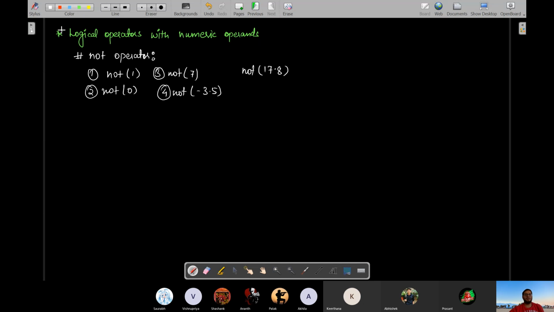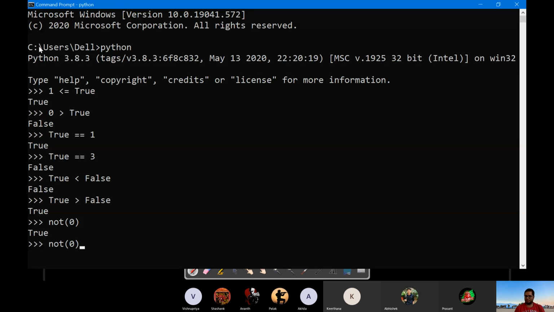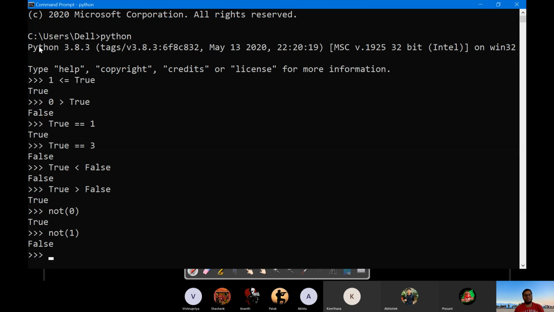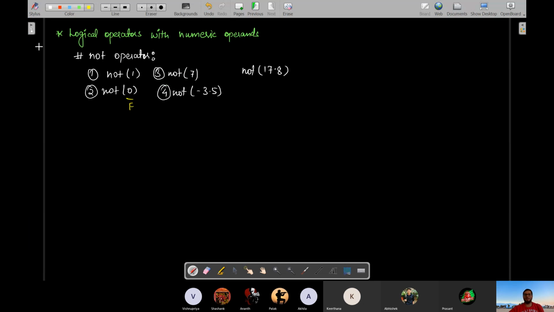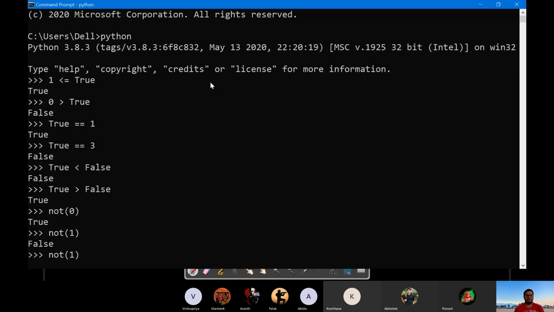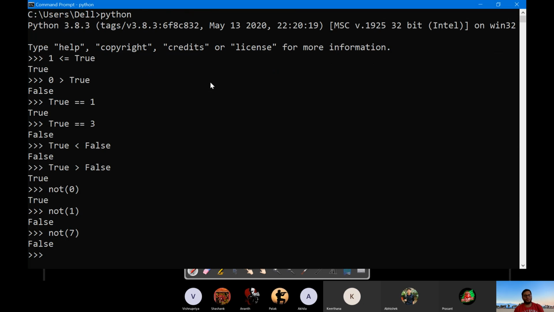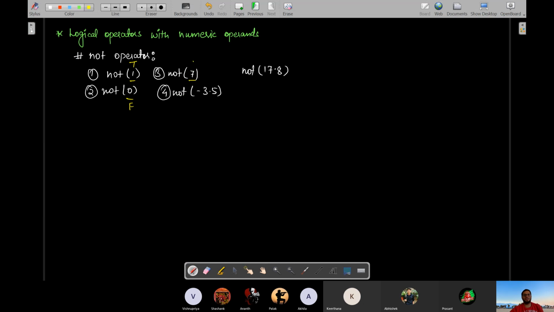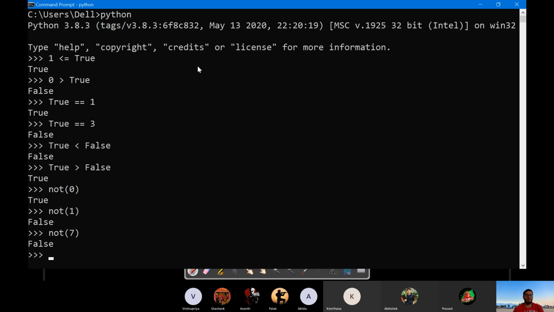We'll keep recording the outputs. So here, this has been assumed as false, not 1. False मतलब 1 was assumed to be true. Not 7. False आ रहा है. That means 7 was also assumed to be true. Not -3.5.